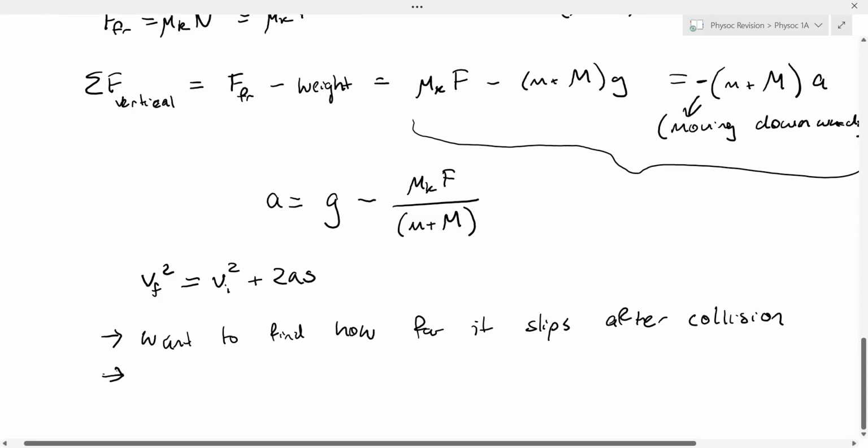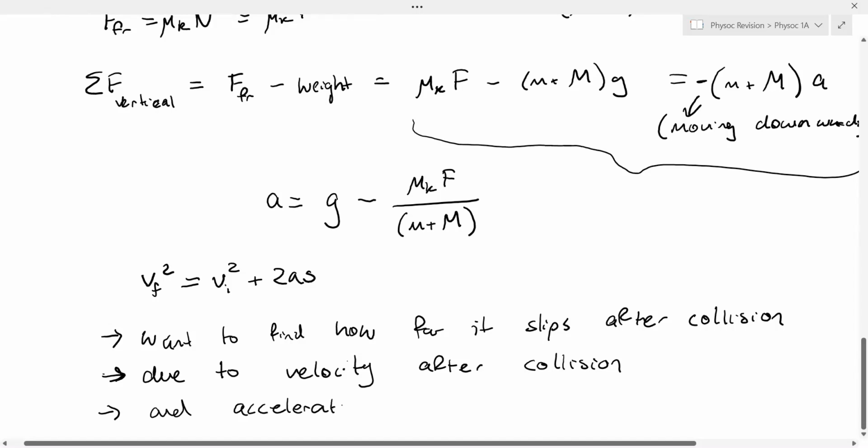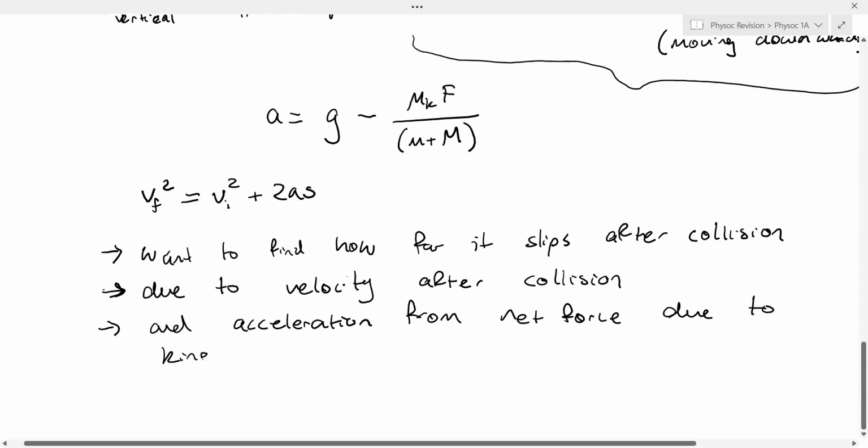And this will be due to velocity after collision and acceleration from net force due to our kinetic friction acting now, plus our new weight force.